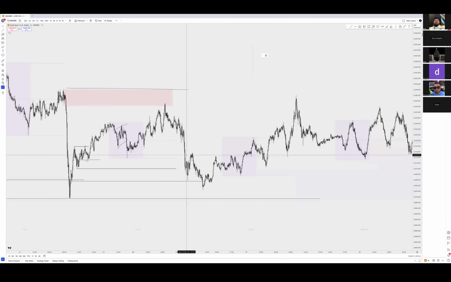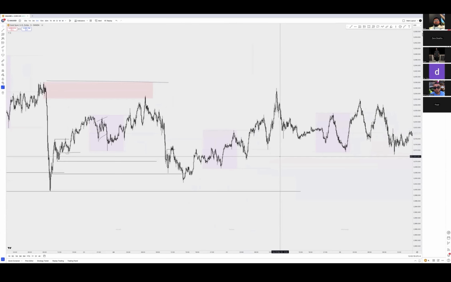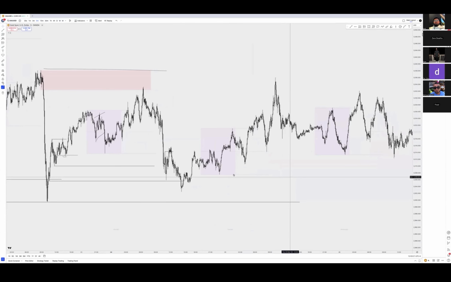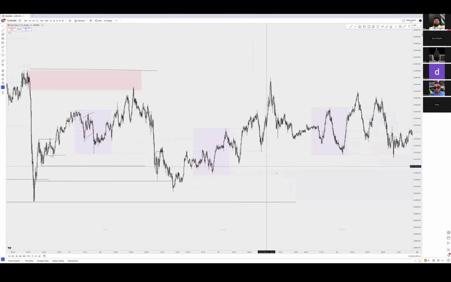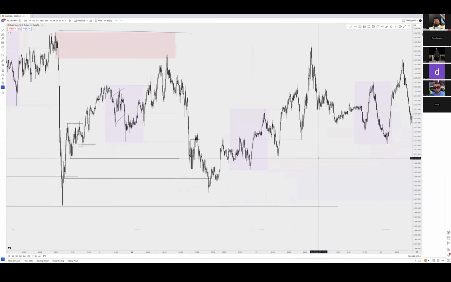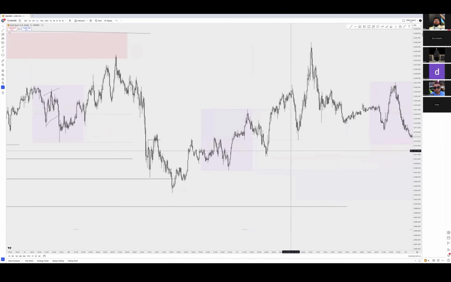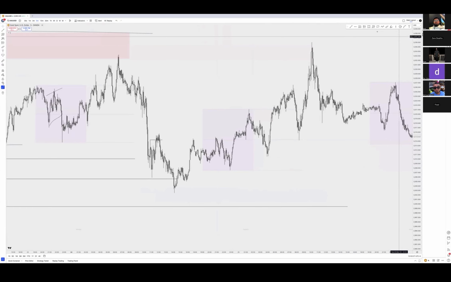So I'm gonna keep it marked out. All right, so it starts moving to the upside. This was 1 a.m. basically, still Asia. And then you got London right here. Okay, so this is a valid area to take it from, for me at least, because we got all this liquidity here, right?